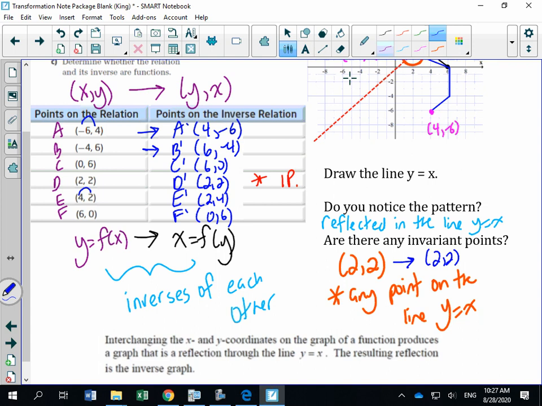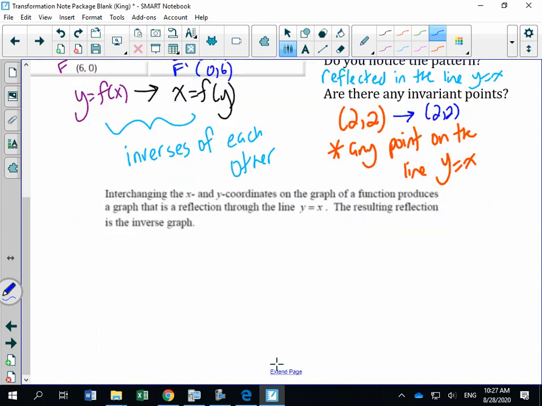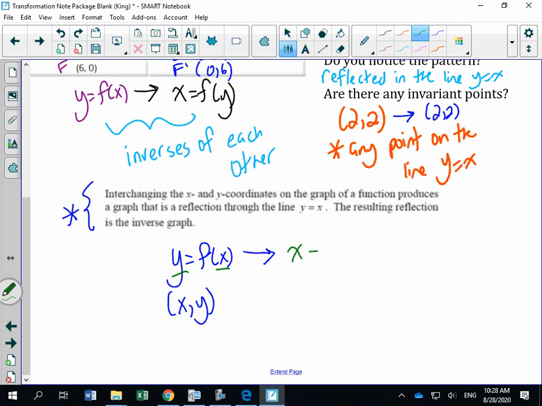Okay? The last thing, I sort of added this in. This is pretty important. You might want to write this down. Interchanging the x and the y coordinates on the graph of a function. So if we have the graph of a function, y is equal to f of x, and we interchange the x and the y coordinates, so x is equal to f of y, what we have just done is produce a graph that is a reflection through the line y is equal to x.